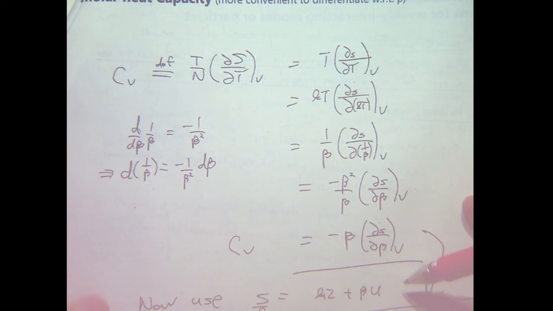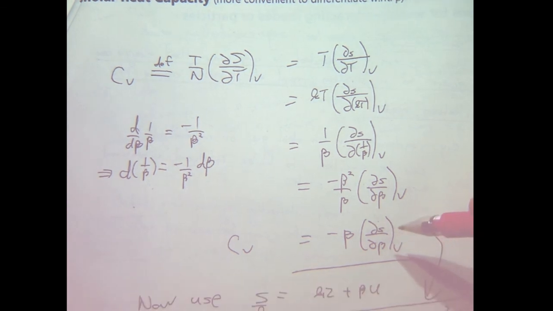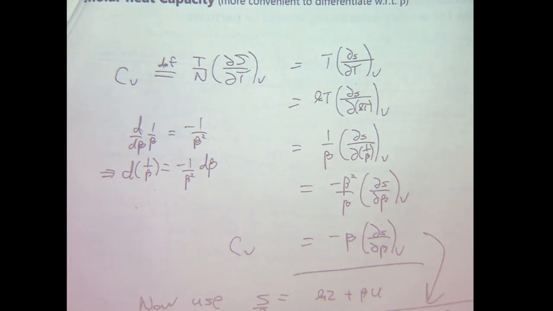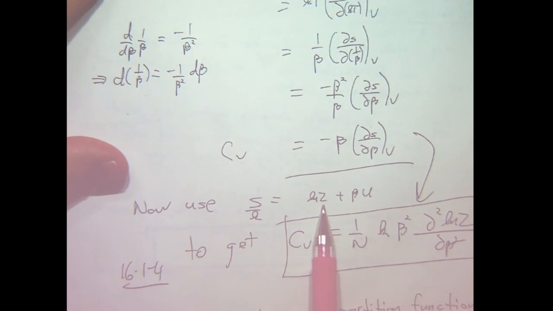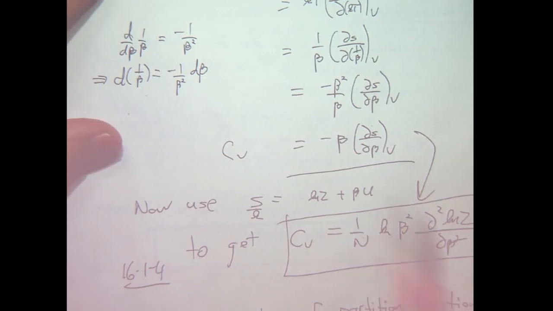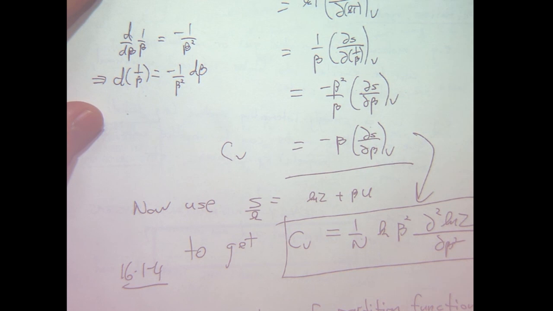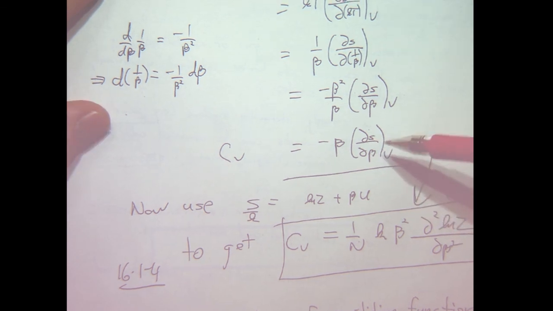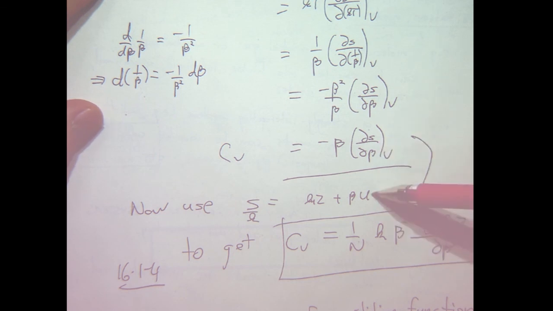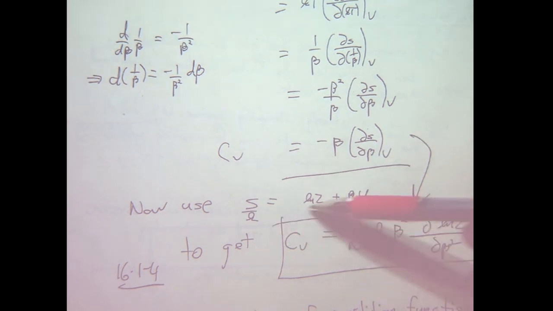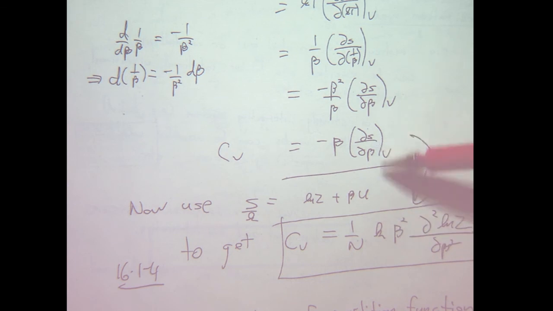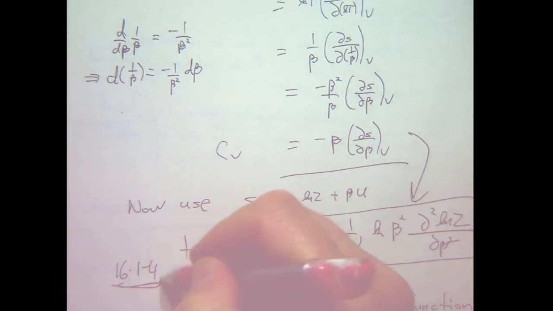Put back in the entropy, which is log Z plus beta U. We just differentiate with respect to beta, dividing by N. Oh, this is actually exercise 16.1 from before.